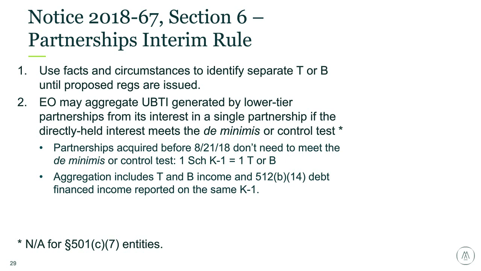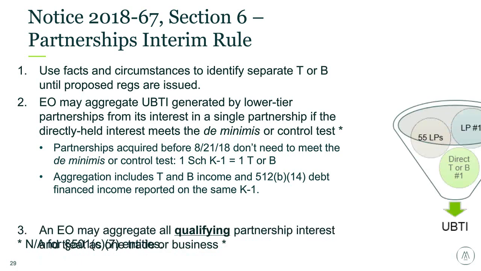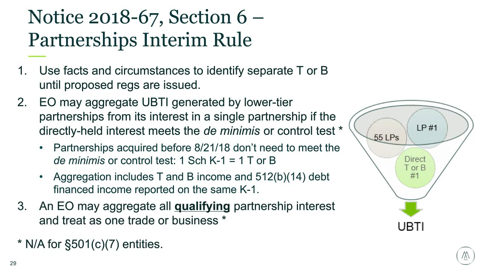If you do have significant participation in that K-1, in that partnership, and that could be defined by the de minimis or control test, then those have to be considered separate buckets. So there's just a little illustration that helps show that you may aggregate all of the qualified ones.